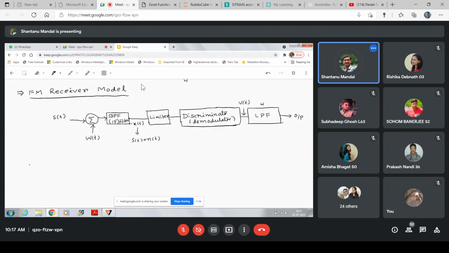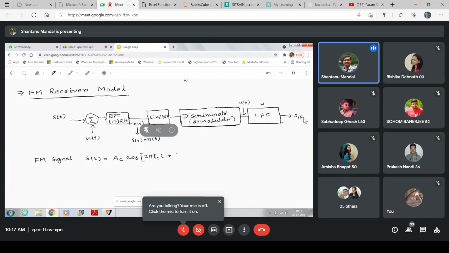Now we have to carry out the theoretical analysis of the FM receiver in the presence of noise. First we write down the FM modulated signal. The equation of the FM signal is s(t) = Ac cos(2 pi fc t + phi(t)).